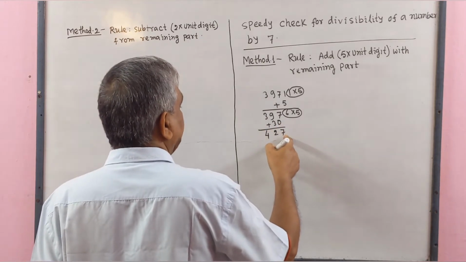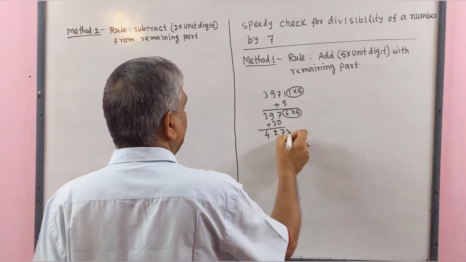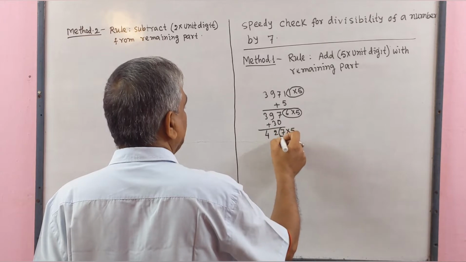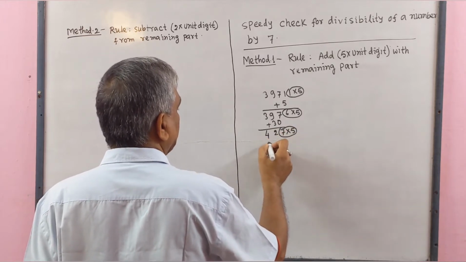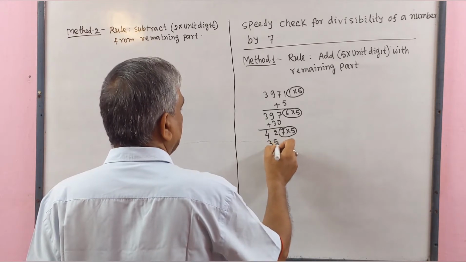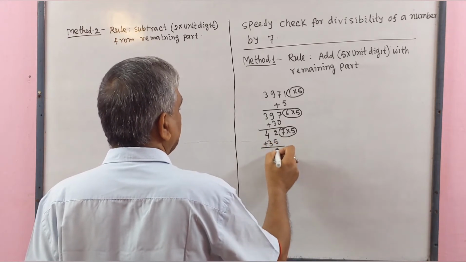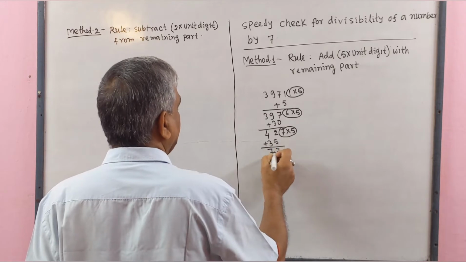Now the digit in the unit place is 7. We multiply this by 5 and add it to the remaining part, 42. Now we add this 7 and 7.